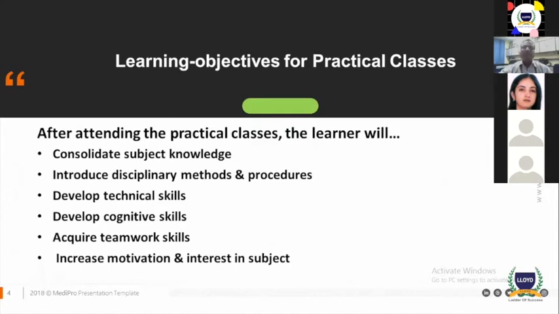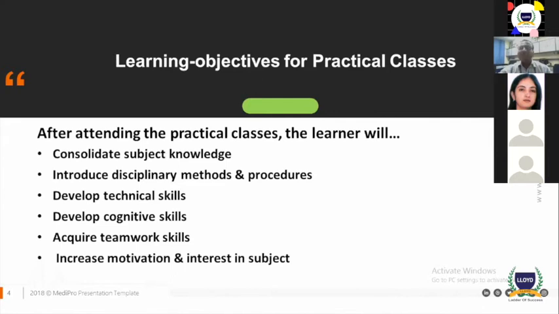In the Leicester University website, for practical classes particularly, it has been said that after attending the practical classes, the learner will be able to consolidate subject knowledge, introduce disciplinary methods and procedures, develop technical skills, develop cognitive skills, and acquire teamwork skills. He will also have increased motivation and interest in the subject.